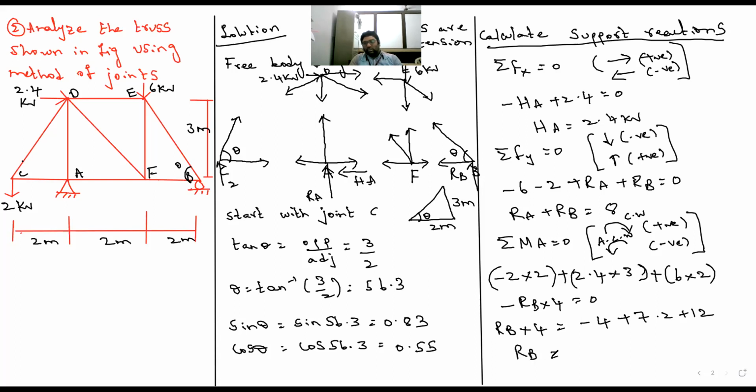What is the value of RB? Yes, correct. RB is equal to 3.8 kilonewton upwards.